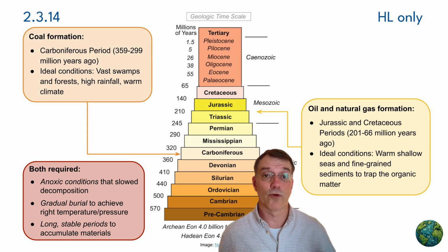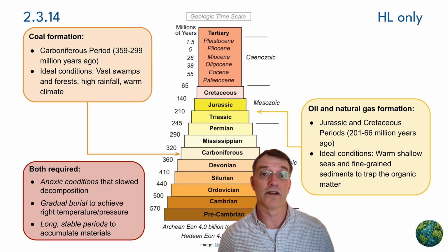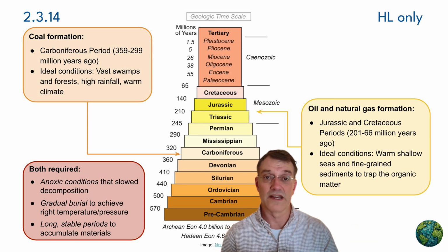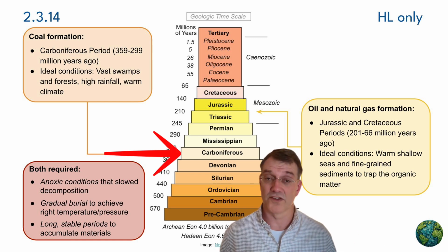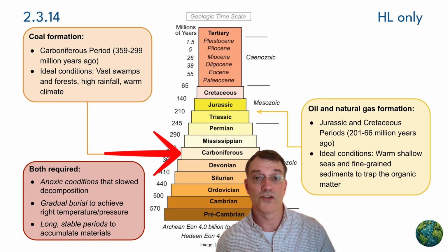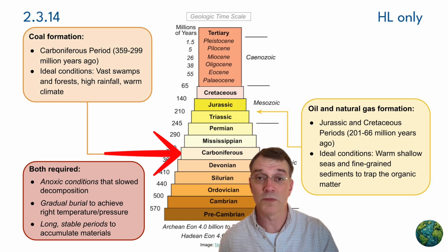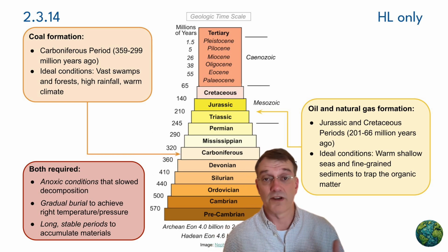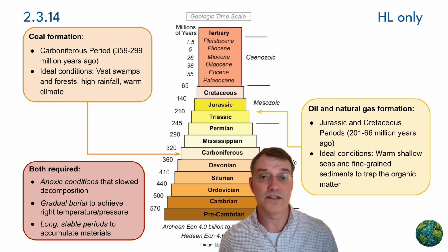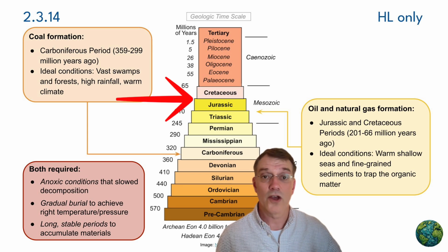Fossil fuel deposits formed during specific geological periods when conditions were just right. The Carboniferous period, named for its abundant coal deposits, provided perfect conditions for coal formation with its warm, swampy environments. Several million years later, the shallow seas of the Jurassic and Cretaceous periods created ideal conditions for oil and gas formation from marine organisms.